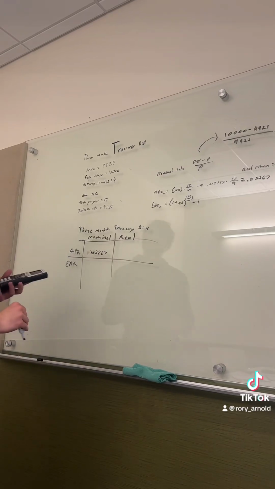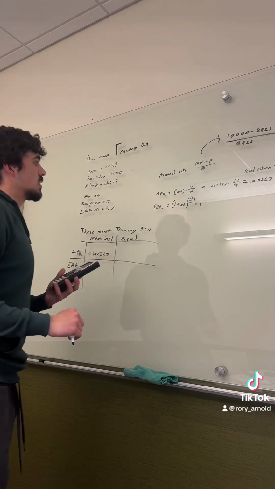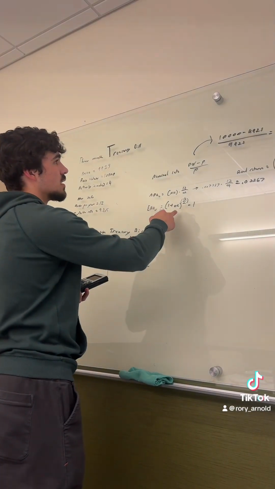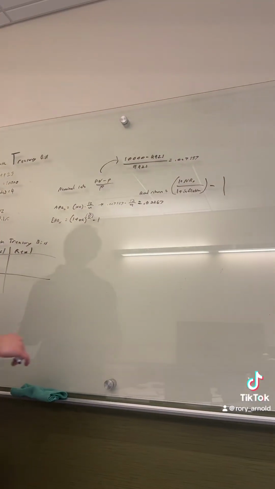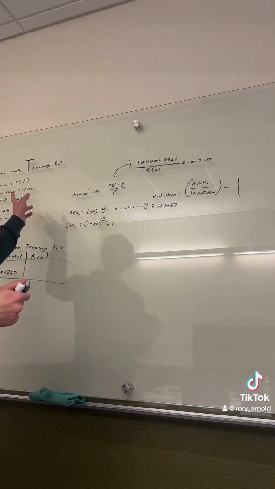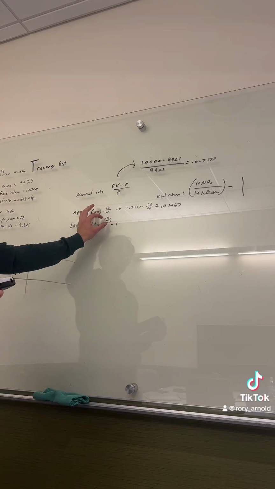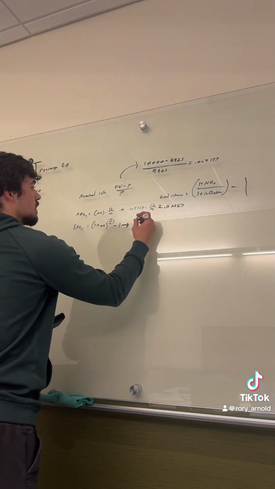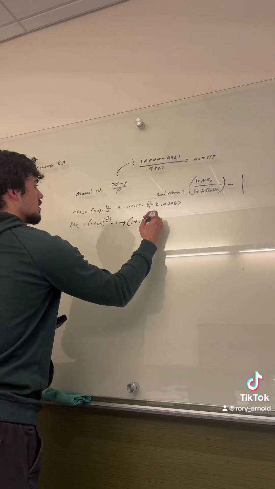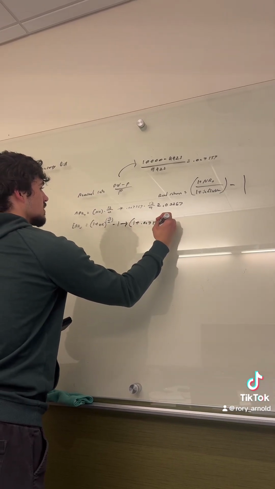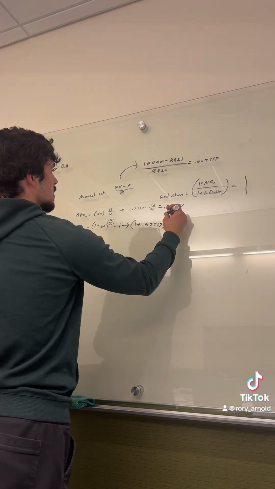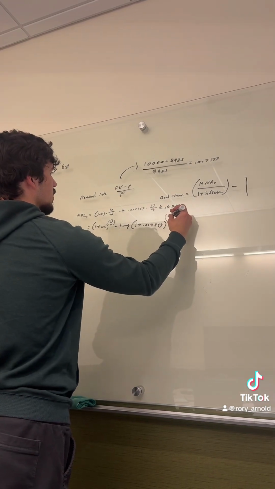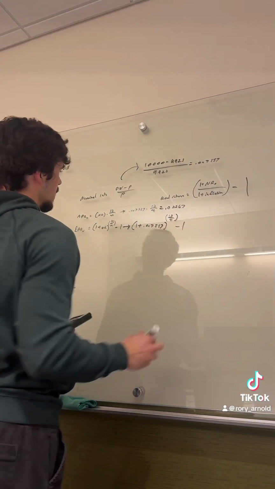Now to find the EAR for the nominal interest rate, we have to do 1 plus the nominal rate, raised to the power of 12 over the maturity, and then subtract 1. So that looks like 1 plus 0.007557 to the power of 12 over 4, minus 1.